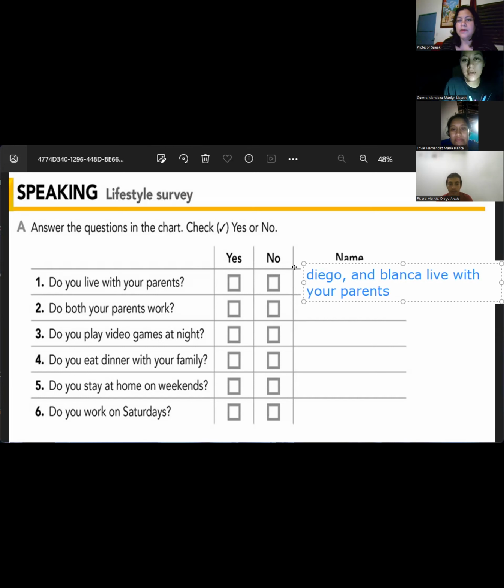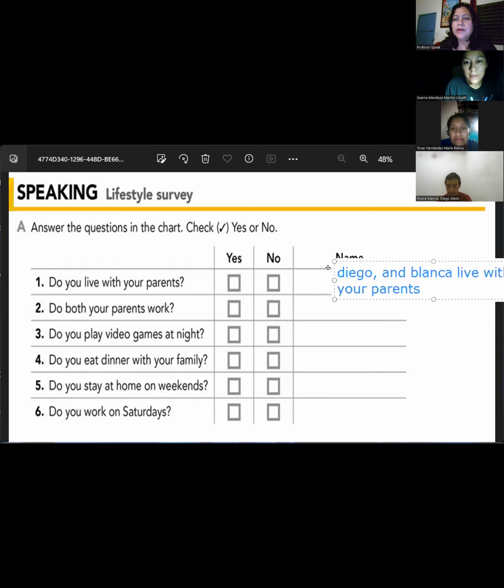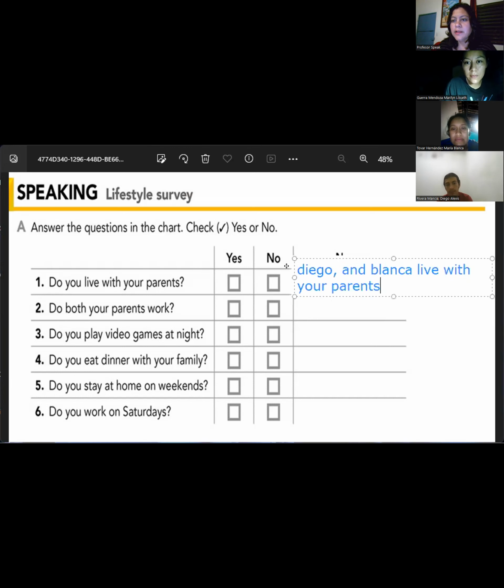Teacher, esto sí está bien así para la primera. Diego and Blanca live with their parents, con sus papás, porque es de ellos, their parents. Falta la I antes de la R. Their, como posesivo, possessive adjective.